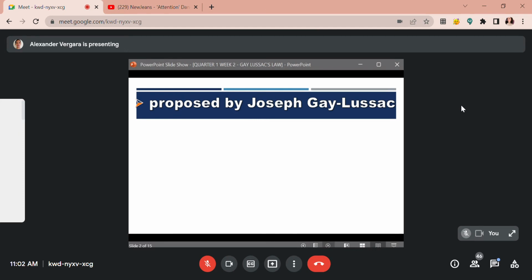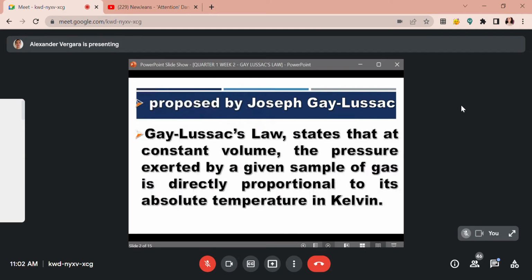Gay-Lussac's law states that at constant volume, the pressure exerted by a given sample of gas is directly proportional to its absolute temperature in Kelvin. So remember, if we're talking about temperature, we need to convert it into Kelvin.